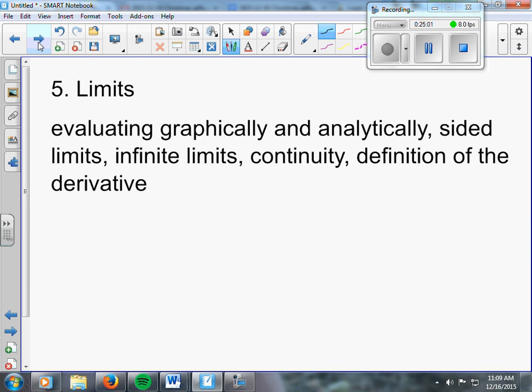All right, now we're getting into calculus. Limits. We're going to evaluate limits graphically and analytically, do sided limits, and talk about continuity and the definition of the derivative. So graphically evaluating limits, remember the question is, do the roads meet up?